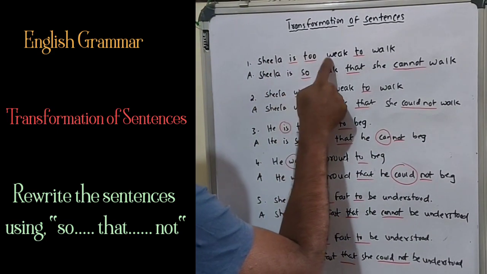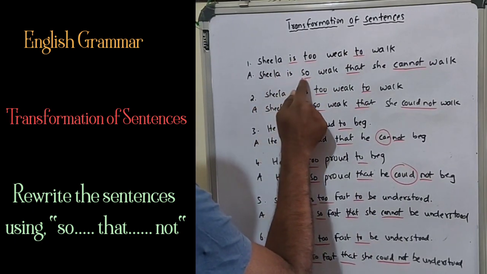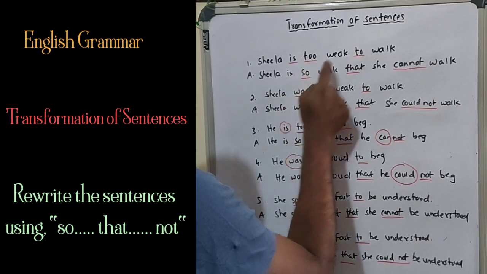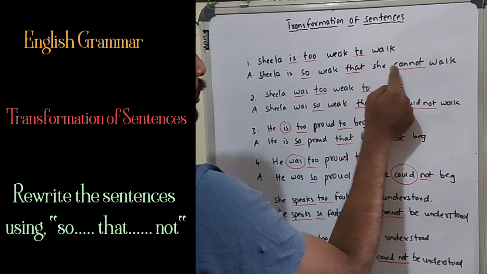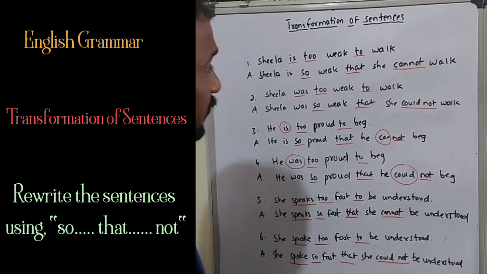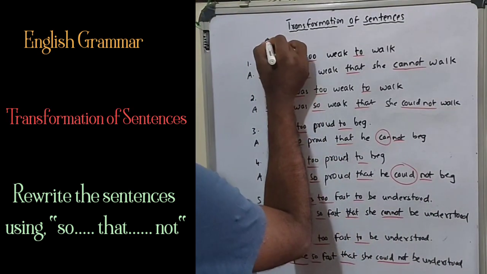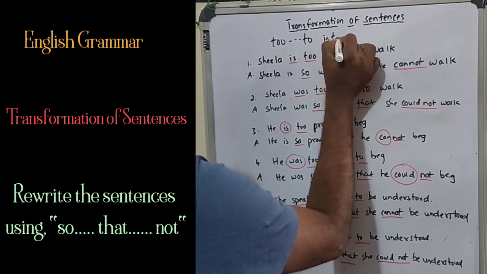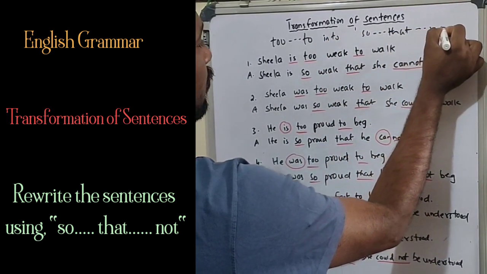Sheila is too weak to walk can be written like this: Sheila is so weak that she cannot walk. In the place of too, we use so and write the rest as it is, and in the place of to, you must write that and not.